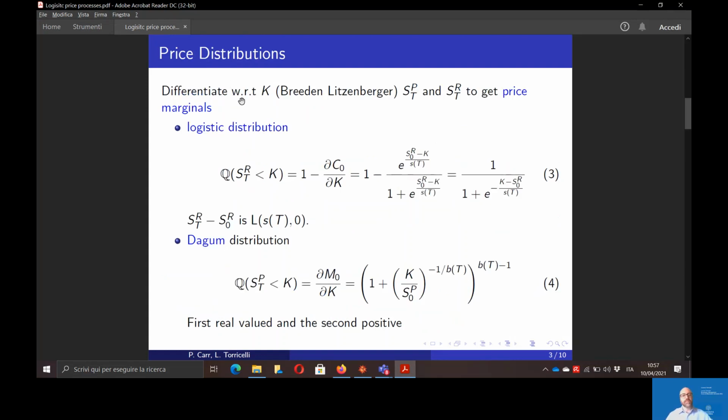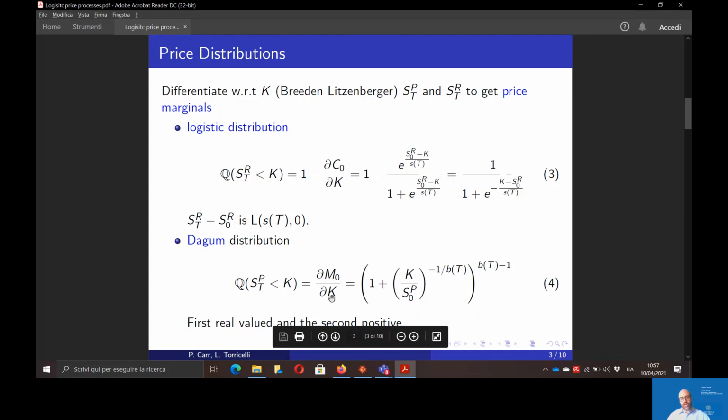Once you've done that, you just take the derivative with respect to K, and by the famous remark by Breeden and Litzenberger, you can obtain the implied security price distribution. What are the CDFs in particular? For the real valued underlying, coming from the log-sum-exponential function, it is just a logistic function.